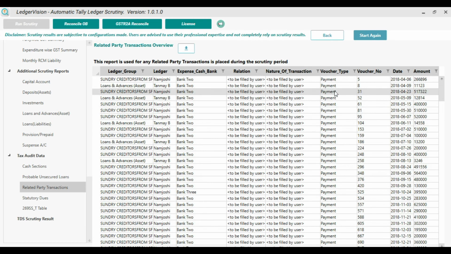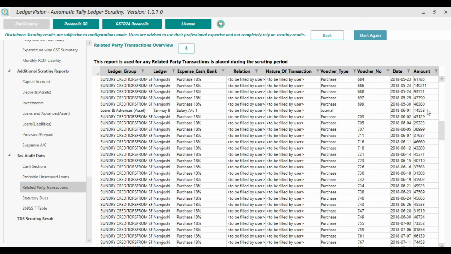If the voucher type is payment, then to which ledger it is paid and from which bank, cash, or OD/CC it is paid, the party and the expenditure ledger, the name of the party and the bank or cash name is shown over here. And if purchases or any expenditure is affected, then the name of the party and expenditure ledger is shown.